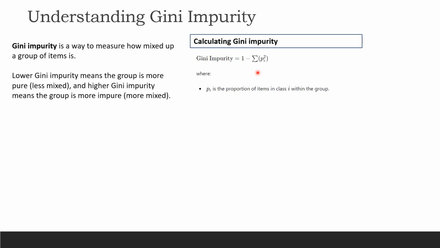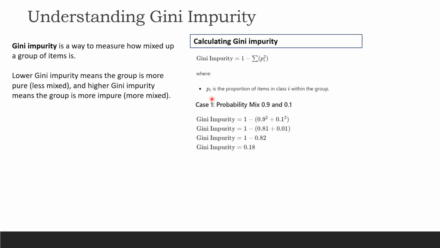So this is a simple formula, wherein it is 1 minus the summation of the squared proportion of items in class i within the group. Let's take that example forward, where we have a probability mix of 0.9 and 0.1. If we had 9 red balls and 1 black ball, the probability of picking the red ball is 0.9 and black is 0.1.